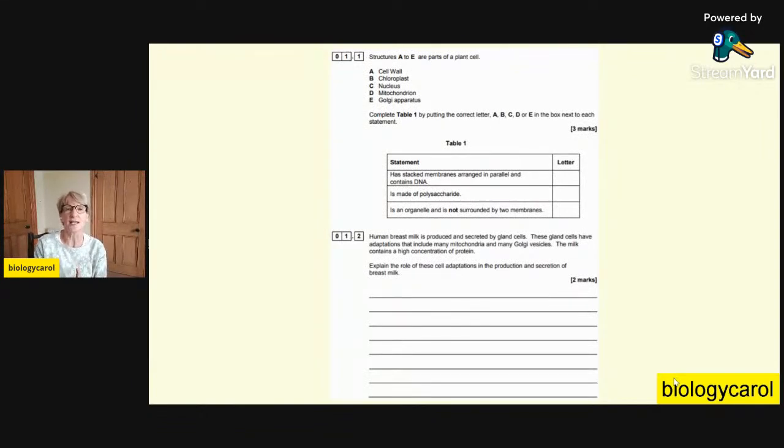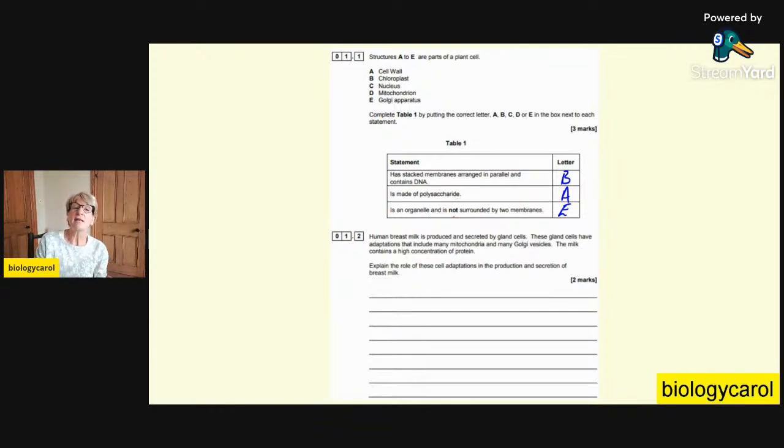So here we have a list of structures, A to E, and we have got to put in the letter according to the statement that is describing the structure. So, has stacked membranes arranged in parallel and contains DNA. I'm thinking chloroplast, therefore B. It's made of a polysaccharide, therefore a cell wall.